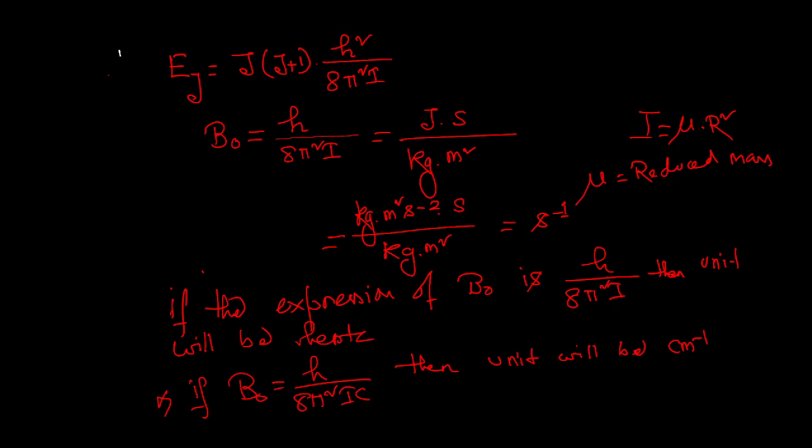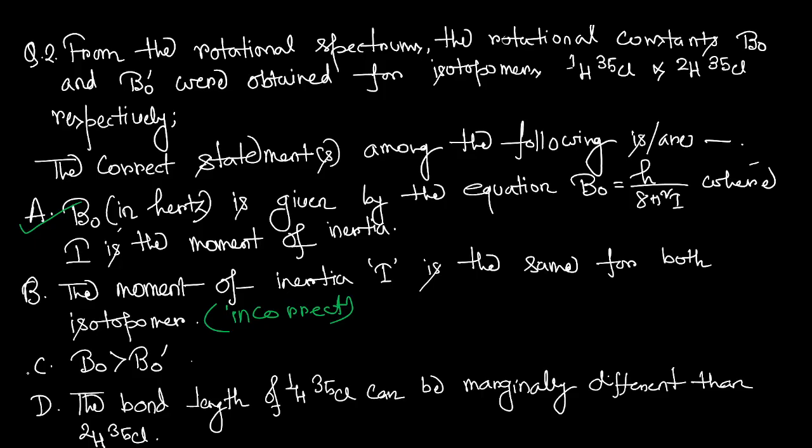Okay, so the option number 3, B0 is greater than B0 dash, that is also a correct one.